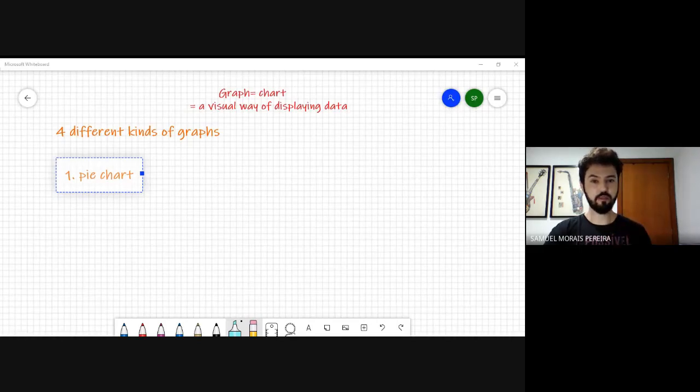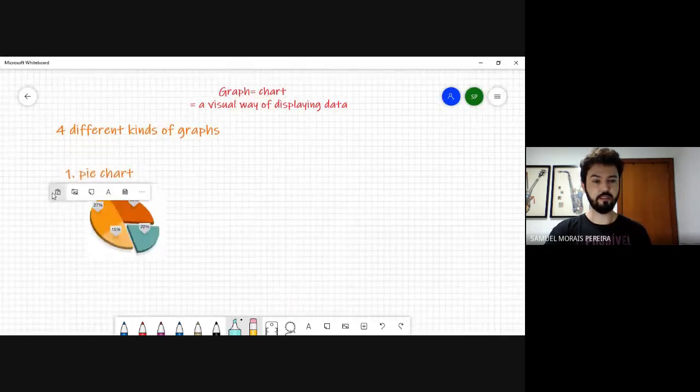A circular graph. And in Portuguese, we call it gráfico pizza or gráfico em setores. But remember, I told you that in English, we don't say that, okay? In English, we say pie chart. A gente diz gráfico torta, tá bom? Cada setor é como se fosse a fatia de uma torta.